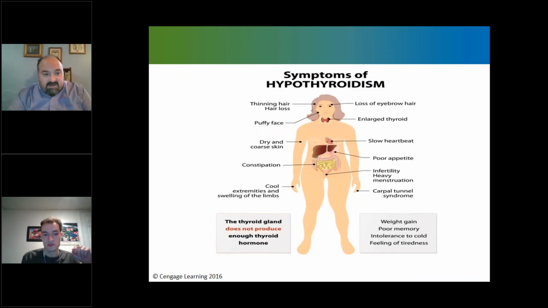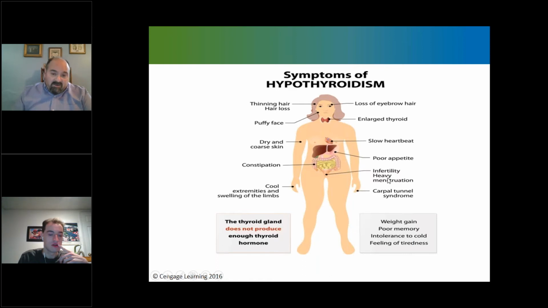You'll see here an image, just so that you're thinking in terms of what's going on as far as hypothyroidism is concerned. So this thinning hair, loss of eyebrow hairs, right? It's quite interesting how it affects the integumentary system. The enlarged thyroid gland itself, so that thyroid gland can become enlarged in the case of the goiter. A slow heartbeat, again, this is hypo.